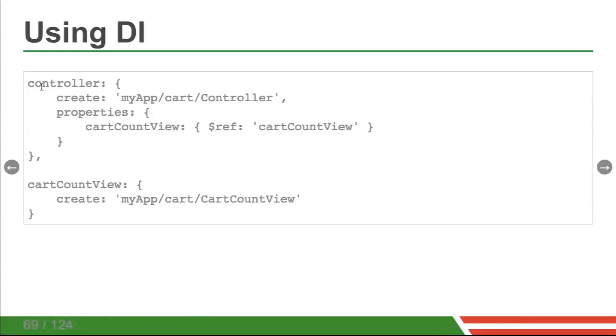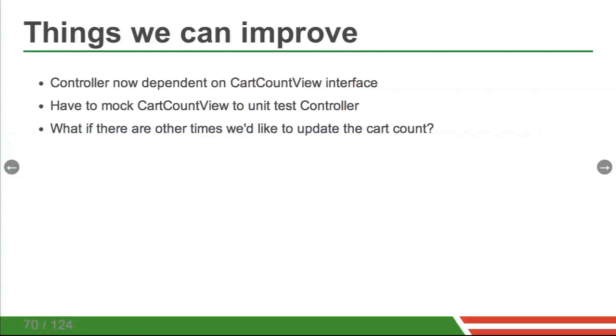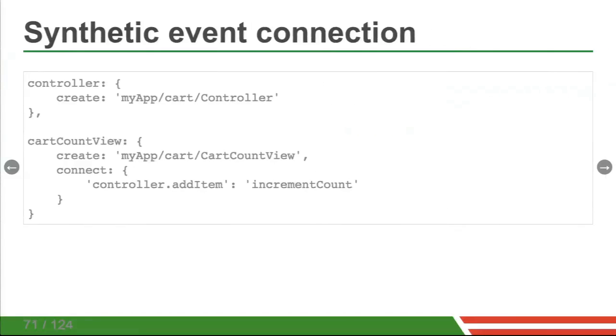We could just inject the count view into our controller, write some code in the controller that calls the increment count method. But we'd like to do better, right? Because then we're dependent on that interface, increment count. Could we just hook these two things together and say, hey, when an item is added, increment the count via IOC? And yes, we can.